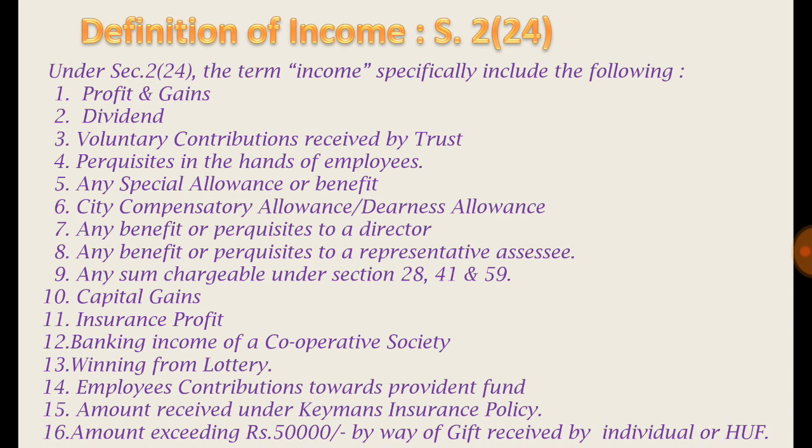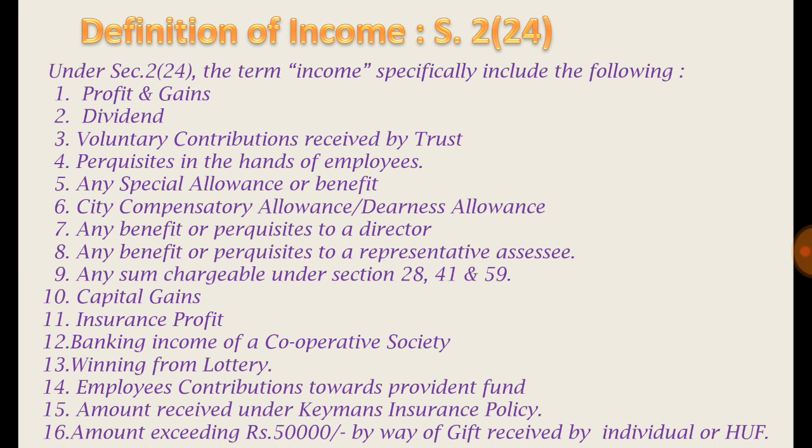And lastly, any amount exceeding rupees 50,000 received by way of gift by individuals or Hindu undivided family is also called income. It means gifts up to 50,000 are exempted from tax, but a gift of more than rupees 50,000 is taxed.